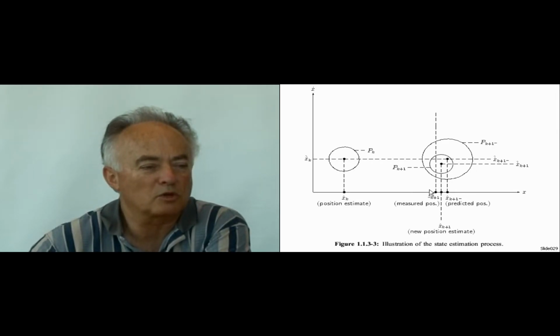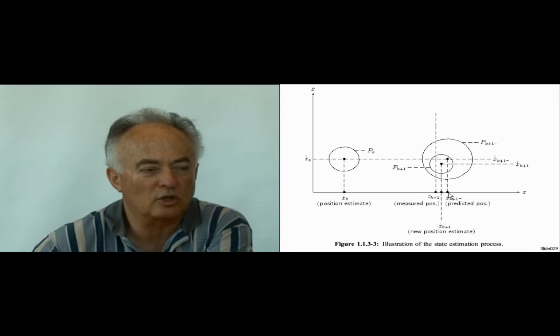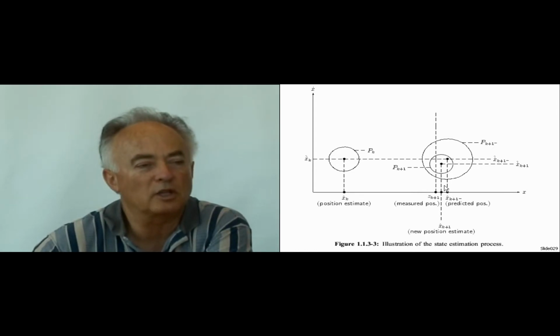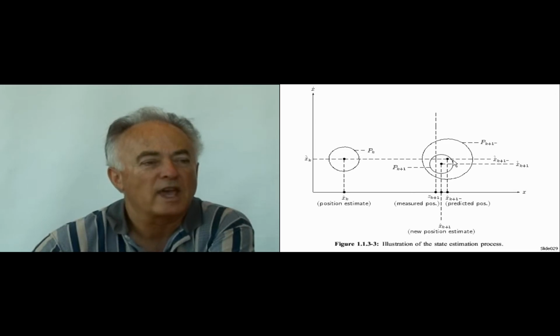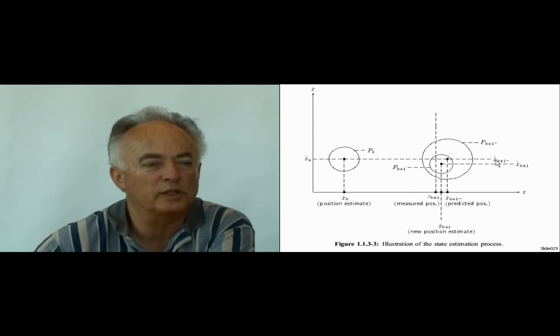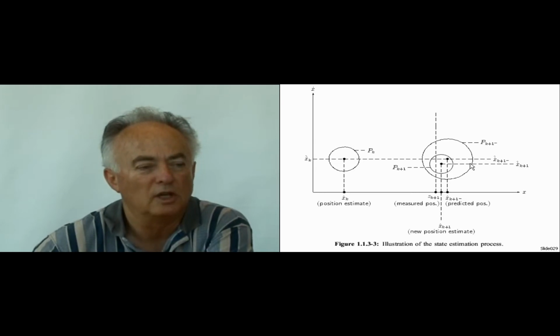Once we get this position measurement, if you notice, this position measurement is behind the predicted position. So the way the update is done, and right now we see it only qualitatively, is the new estimated position will be x hat k plus 1, a little bit behind the predicted value because we use the correction from this measurement, and the velocity will also be corrected from x dot hat k plus 1 minus to x dot hat k plus 1, a little bit lower velocity.